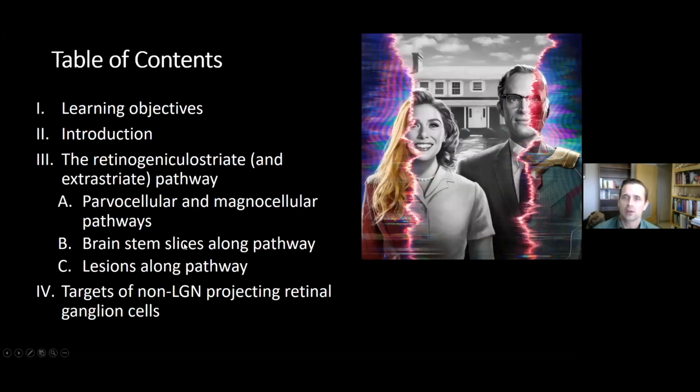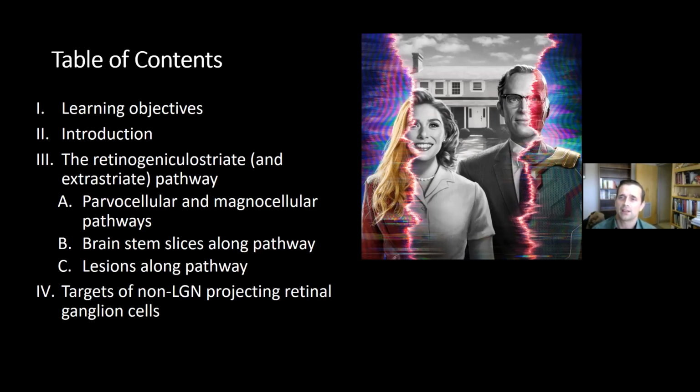What we're going to talk about today: we'll briefly mention the learning objectives, cover some introductory information about the visual system. Then we'll look at the retinogeniculostriate and extrastriate pathways in detail. We'll talk about the parvocellular and magnocellular pathways that comprise them.